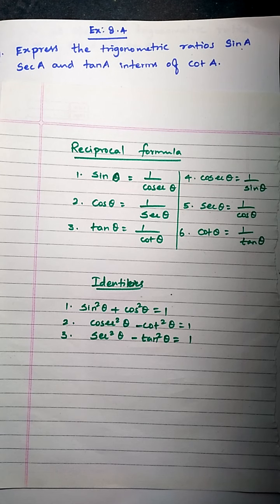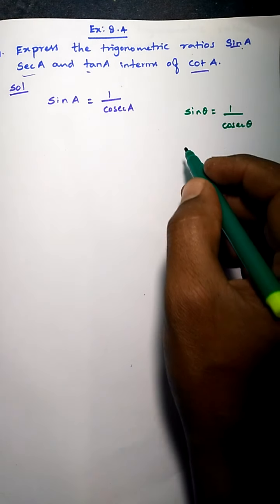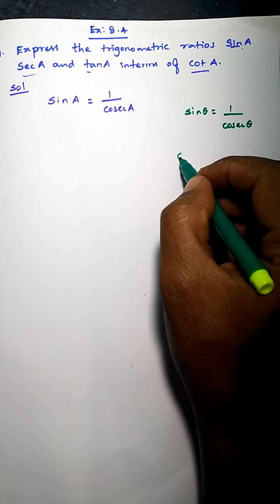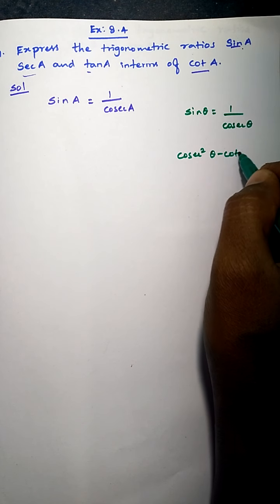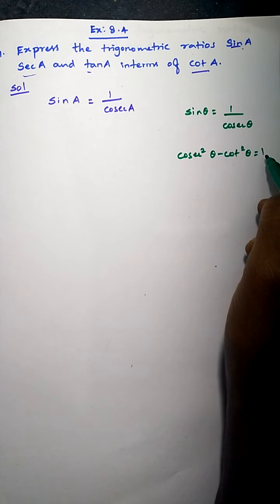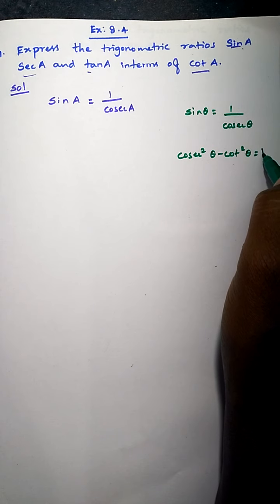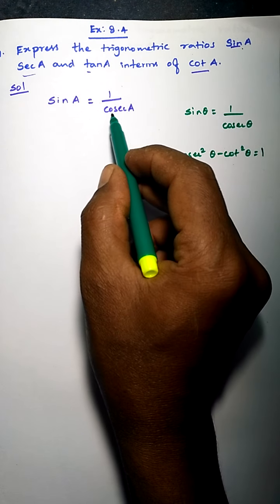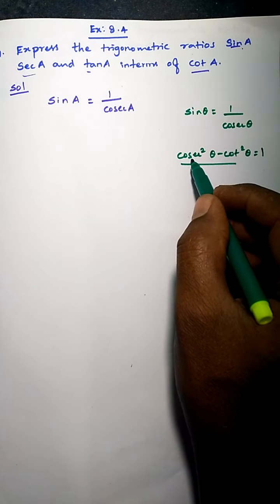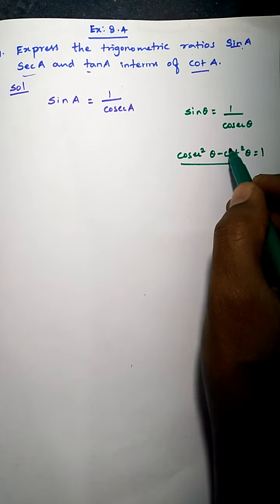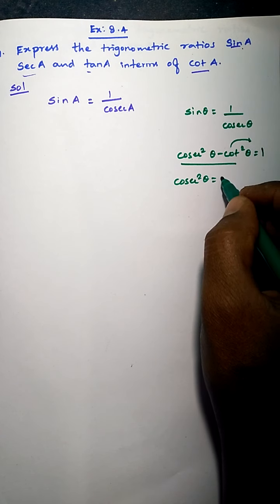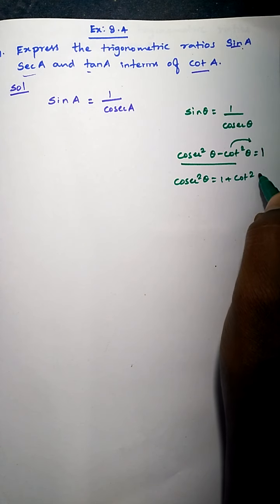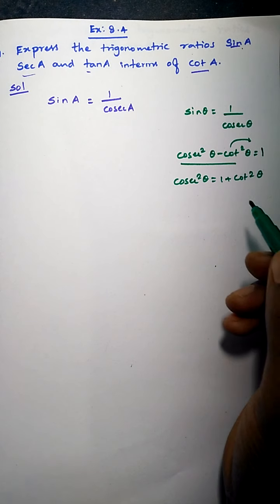Okay, and there is one more formula, an identity: cosecant square theta minus cot square theta is equal to 1. If you want to find cosecant, take the minus cot square to the other side. Then cosecant square theta is equal to 1 plus cot square theta.